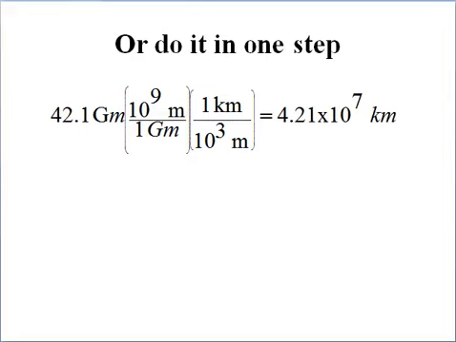Note that we get the same answer, and note that the two conversion factors in our multiplication are the same conversion factors we've used before. Gigameters cancel, meters cancel. In all cases, the numerator and the denominator of each unit conversion factor are equal to each other.